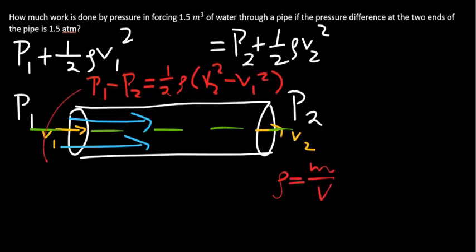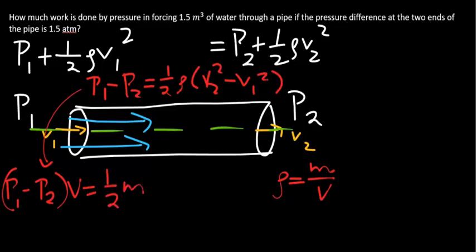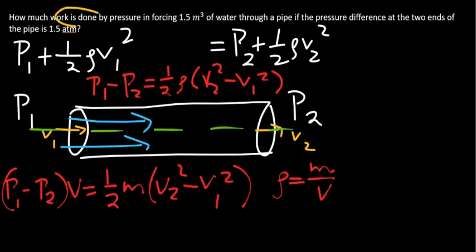So that means that equation can be written as P1 minus P2 times the volume of water that's being forced in equals half times the mass of the water that's being forced in times V2 squared minus V1 squared. Keep in mind, we are looking for work.